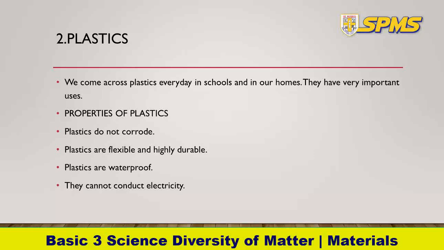Yes, they do not conduct electricity. They are used as insulators. Insulators are materials which cannot conduct electricity. So plastics are what? Insulators. They prevent electricity from passing through the metal.